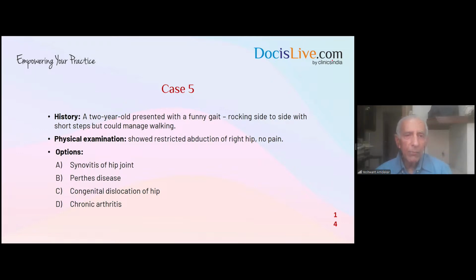There are two, three different procedures, maneuvers called Ortolani and Barlow's procedures. But what is important is flex both the knees and hips, and then try to abduct both the hips. And if you find a difference, one side not getting abducted easily, you know that is probably a dislocated hip.